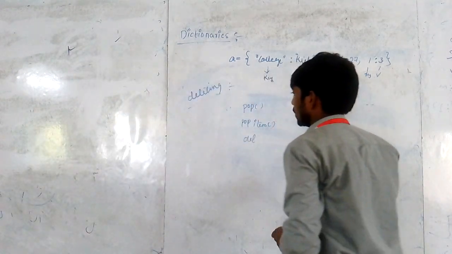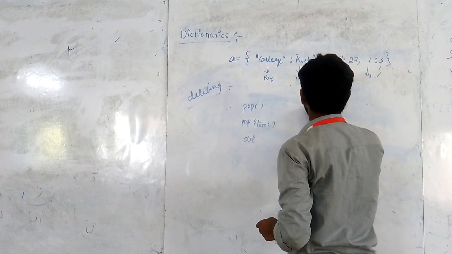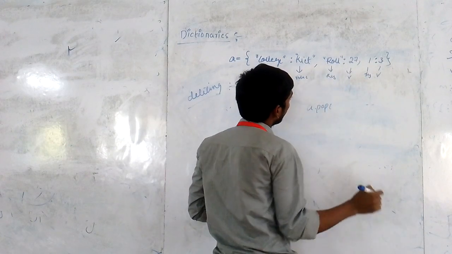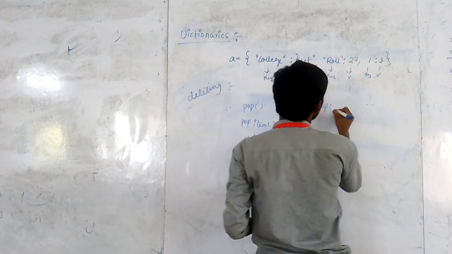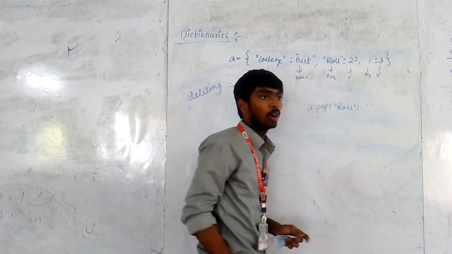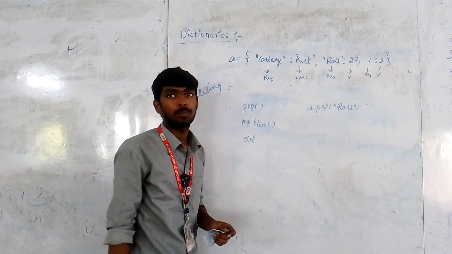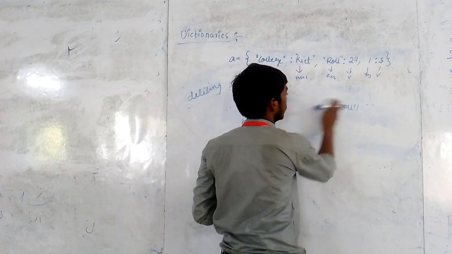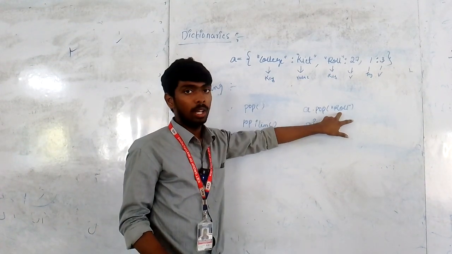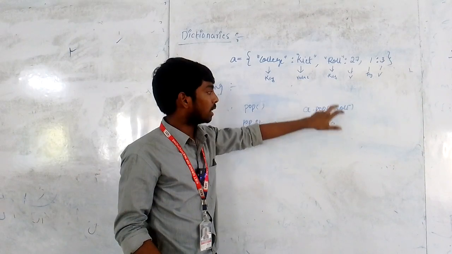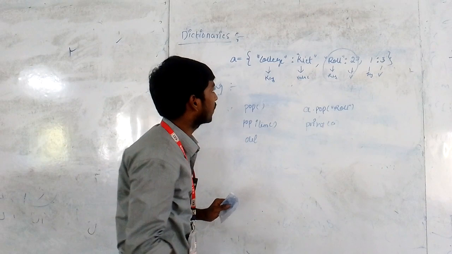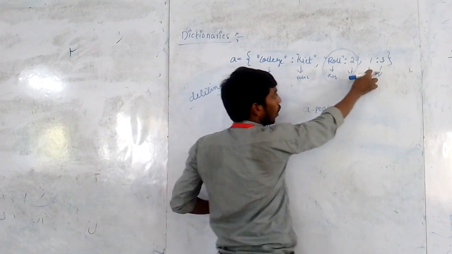If you use a dot pop, you need to give the key, which means a dot pop roll. If you have given a dot pop roll, then you have given a key, so it will automatically delete the whole key and value. The required output is college kite, 1 3.